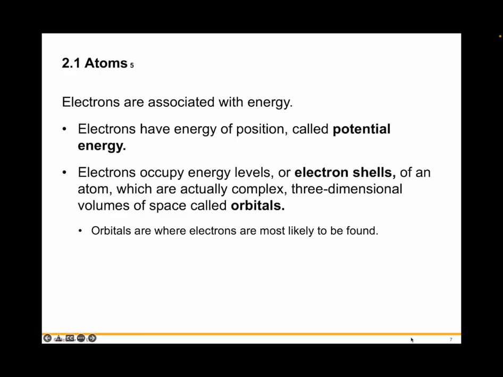So the volume of space around a nucleus where an electron is most likely to be found is called the orbital of that electron. Each energy level of an atom, called an electron shell, has a specific number of orbitals, and each orbital can hold up to 2 electrons. So the first shell in any atom contains 1 orbital.